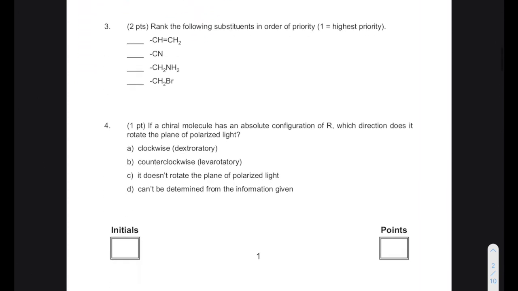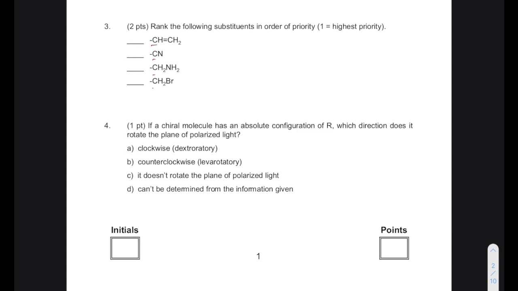Okay, problem 3 has to do with ranking the substituents in order of priorities. There's just some rules for learning these, and once you kind of know them, all these problems are not so bad. We look at the first atom. All of them here are carbon, so that's the same. We then go to the next atom, and the atoms with higher atomic numbers are higher in priority. So for this one, we have a bromine.